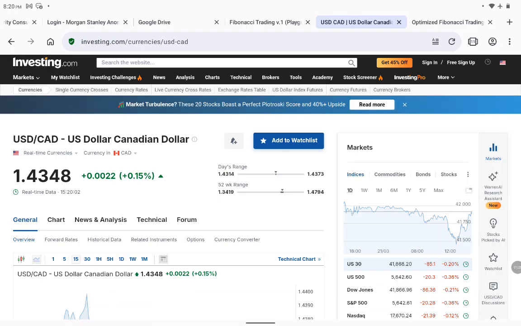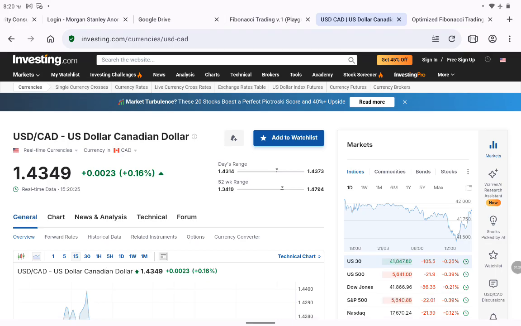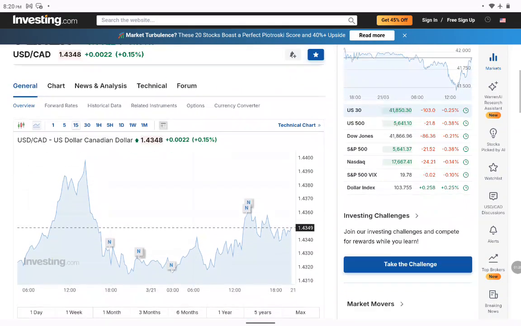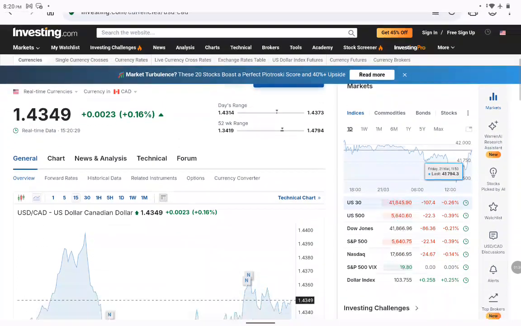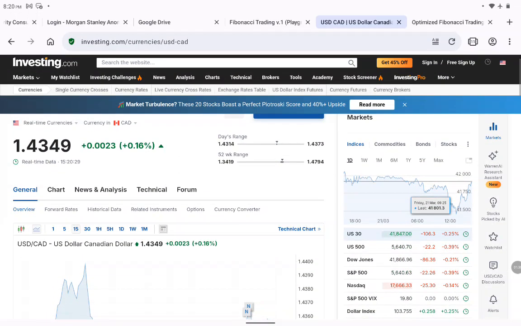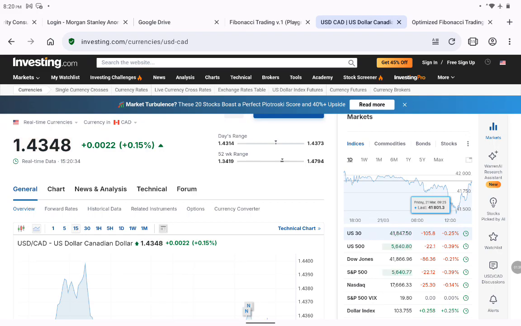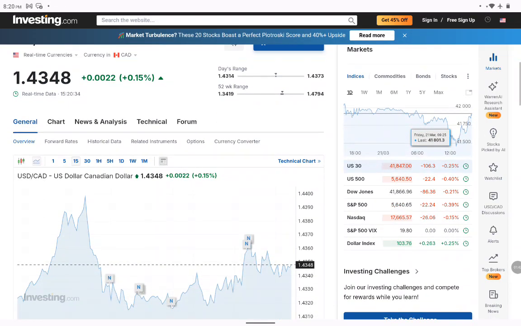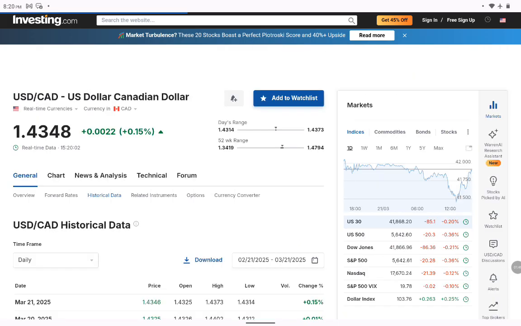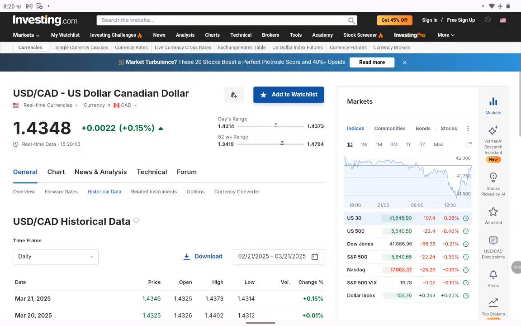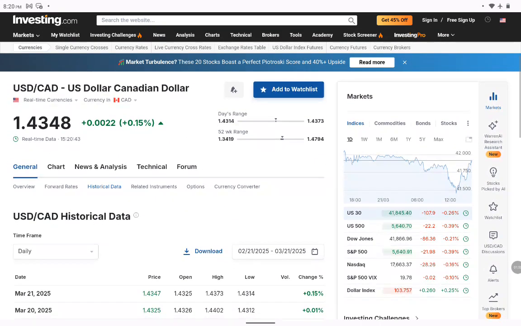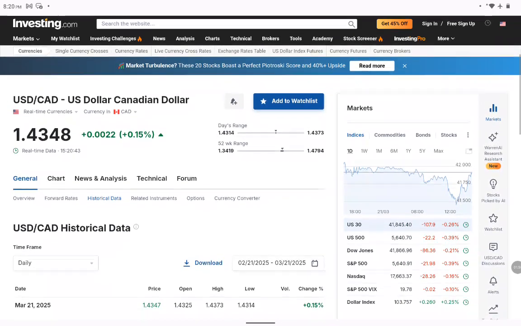I like to use investing.com because for me their data is more live and it brings more ROI. So we're in USD/CAD, under markets and currencies. Then you go to historical data, and right now it looks like the USD is totally on a bull run.